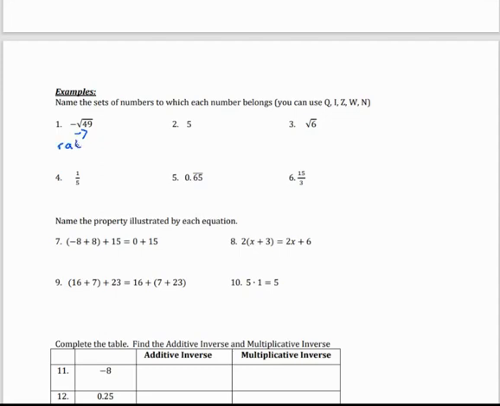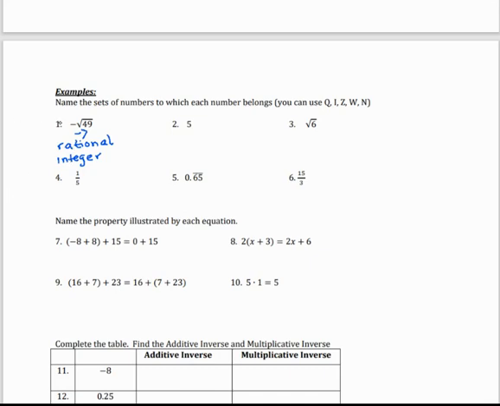So I'll just write it out with words so that you have that for your notes. It's a rational number. Is it an integer? It sure is. Is it a whole number? It's not a whole number because it's negative. So it is a rational and it is an integer.